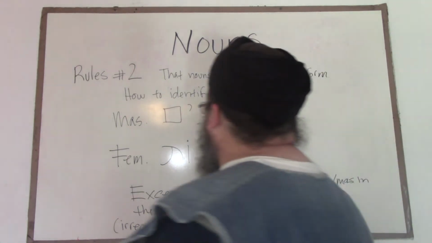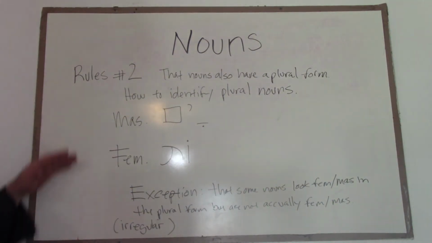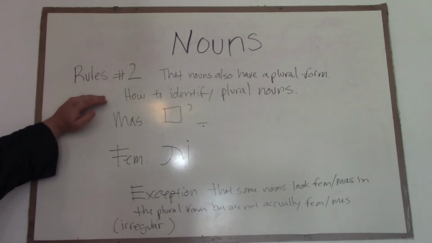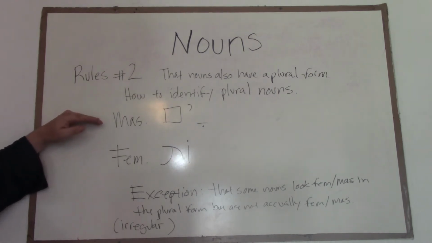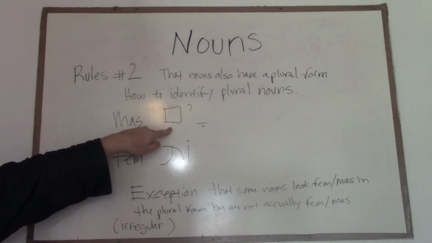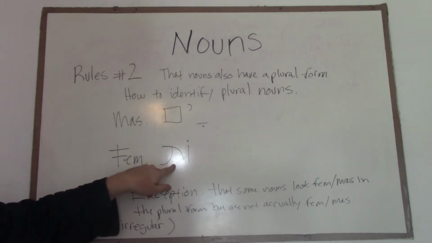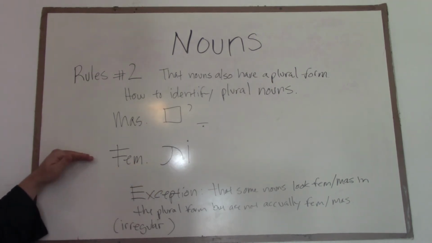So we have to understand that nouns have a plural form in rule number 2. How to identify plural nouns is going to be based upon the fact that masculines are going to have yud and mem sofit. Feminines are going to have vav and tav. And this is going to identify that this is a feminine plural.